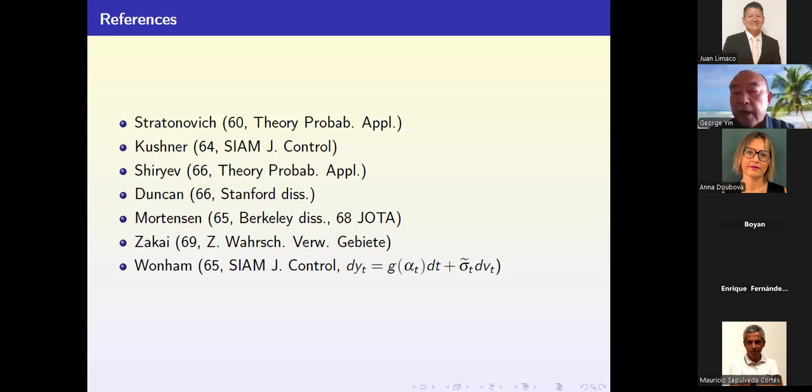So Zakai then said which of his theorems or propositions were related to the result of Tyrone Duncan. He also noticed the later work of Mortensen, and mentioned that his result of so and so appeared in Mortensen's work.